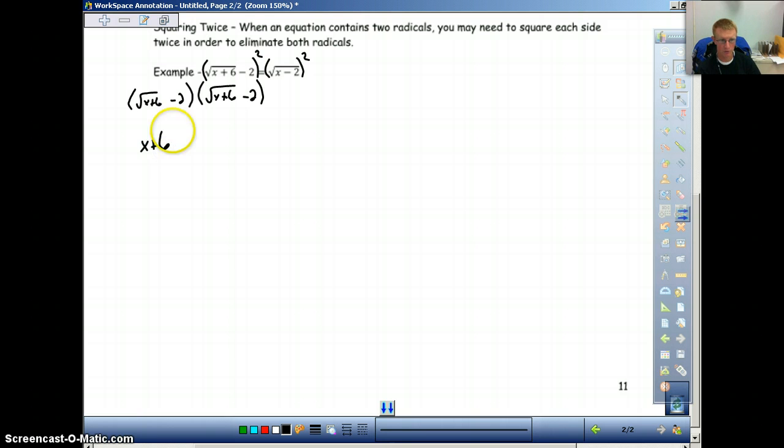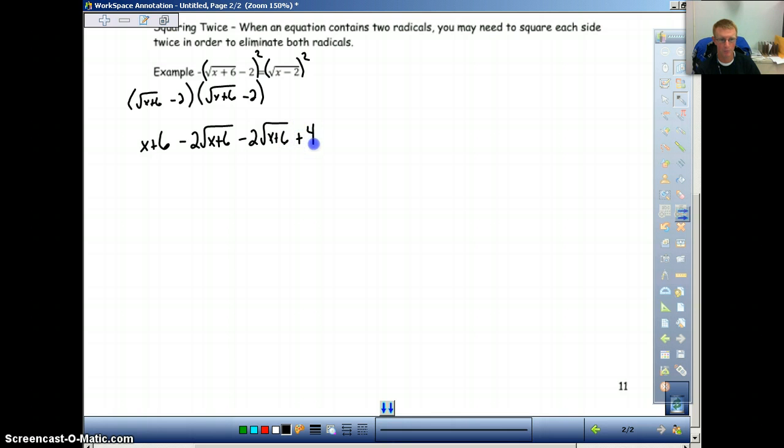Then we will do the outer, so negative 2 times the square root of x plus 6. Negative 2 times, that's our inner, square root of x plus 6, and then our last, which is negative 2 times negative 2, which is plus 4.